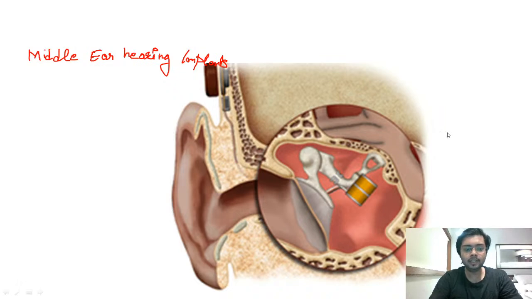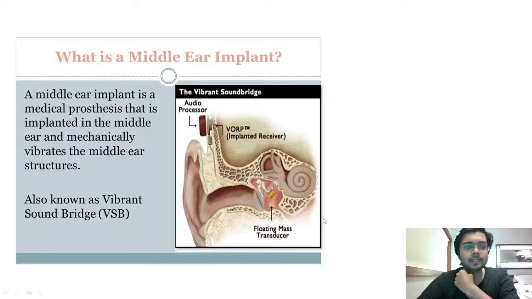So Vibrant, I'll write the name. It is called Vibrant Sound Bridge. Okay. So yes, a middle ear implant is a medical prosthesis that is implanted in the middle ear, and it vibrates the middle ear ossicles mechanically.